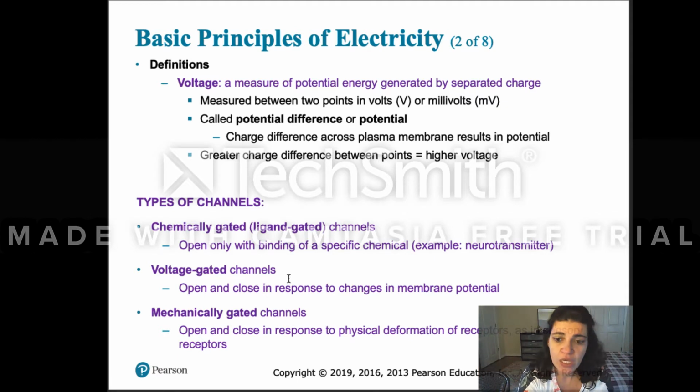Voltage gated channels are channels that can open because the membrane is getting depolarized. So when that depolarization reaches that voltage gated channel, that opens a gate, and more sodium goes in. Okay, and then the same thing is going to happen to potassium during the relaxation or the hyperpolarization period.